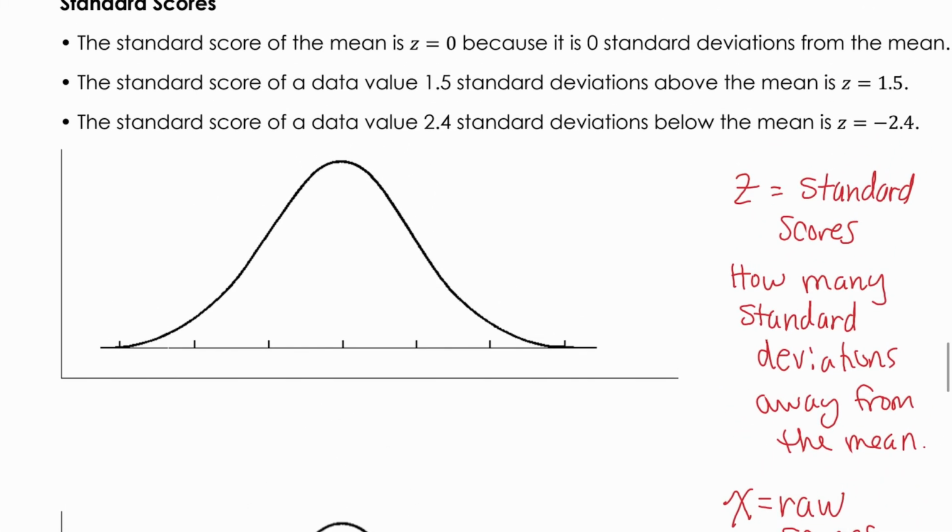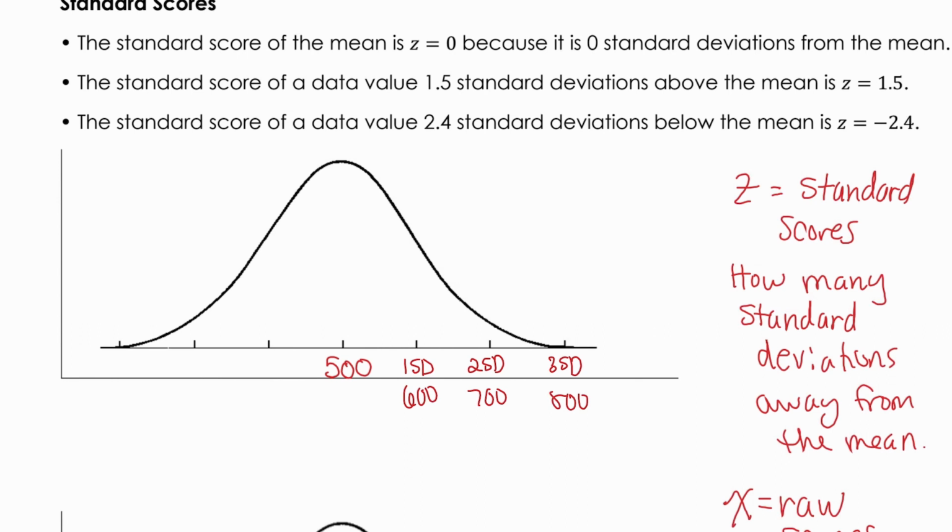Okay, so what I mean by this is in the previous example, when we talked about SAT scores, we had 500 in the middle, which was the mean, and then we had 100 as the standard deviation. So as we came out 1 standard deviation to the right, that was 600. 2 standard deviations would give us 700, and then 3 standard deviations would give us 800.